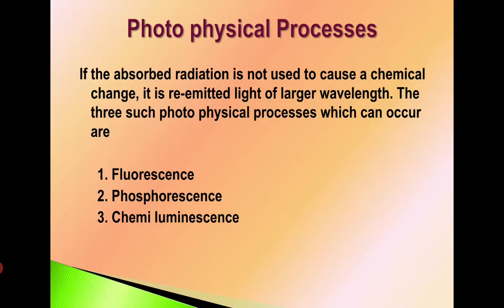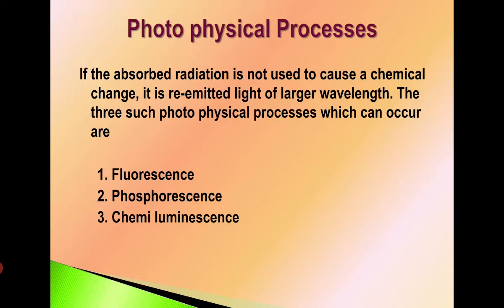This process is called a primary process. After absorbing the radiation, the substance may or may not undergo a chemical reaction. If it undergoes a chemical reaction, that is called a photochemical process.